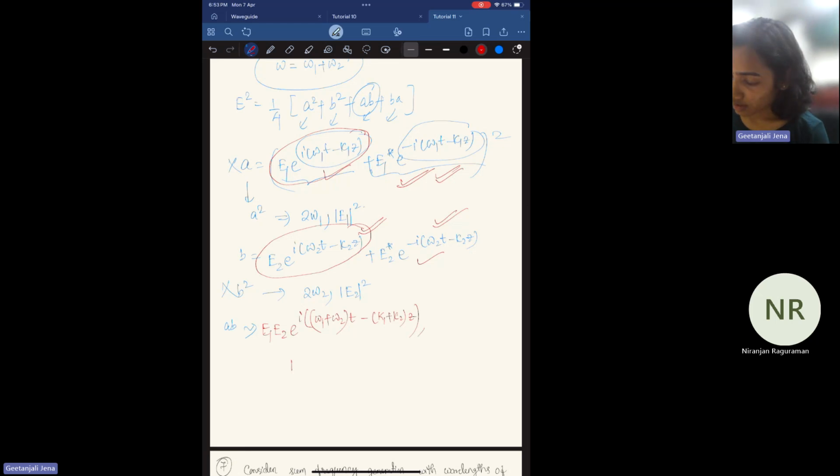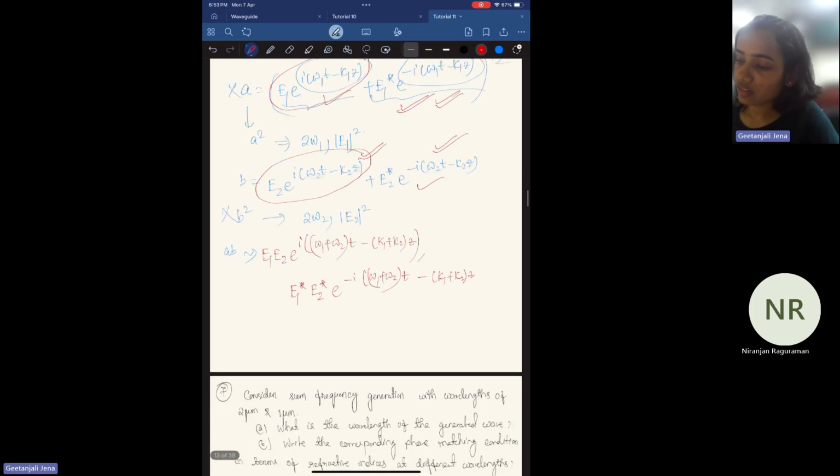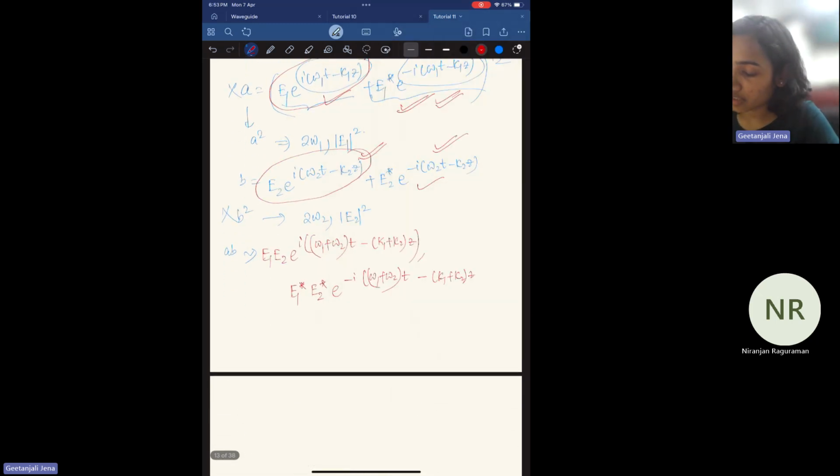So this is E1 star E2 star e to the power minus i(omega 1 plus omega 2)t minus (K1 plus K2)z. Okay, so AB is giving the terms we are interested in.